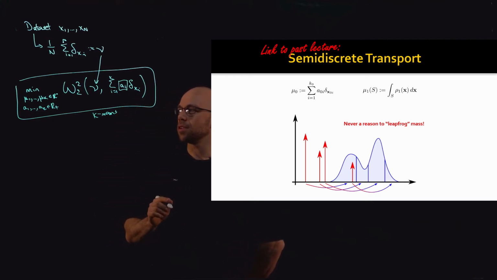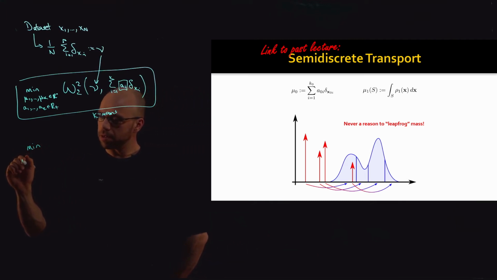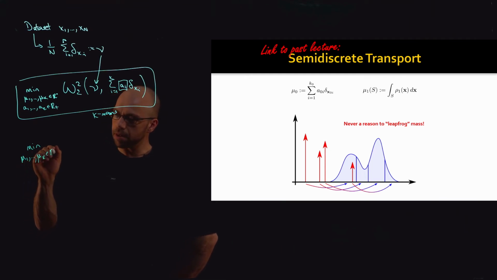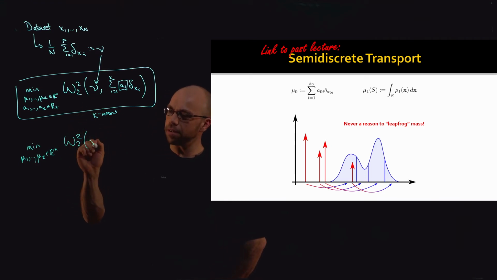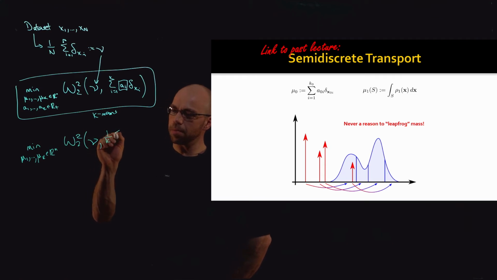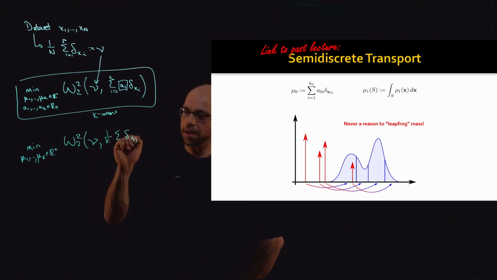So one thing that you can do is write a different optimization problem, which is just over cluster centers, like this, which is minimizing, again, the Wasserstein distance from our optimal transport lecture. But now I'm just going to say that there's a probability measure with 1 over k mass at each of my xi's.